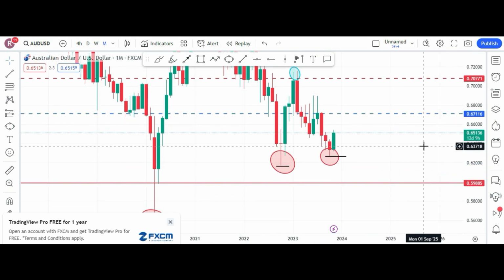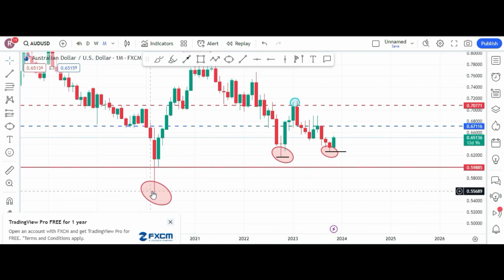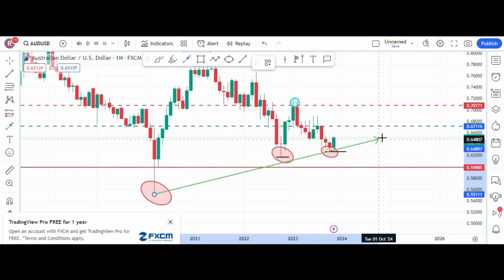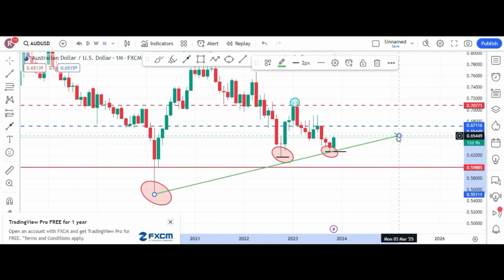And the second thing is this: if you can see, the chart is telling us that the AUD USD pair is getting bullish day by day, or I beg your pardon, month by month.